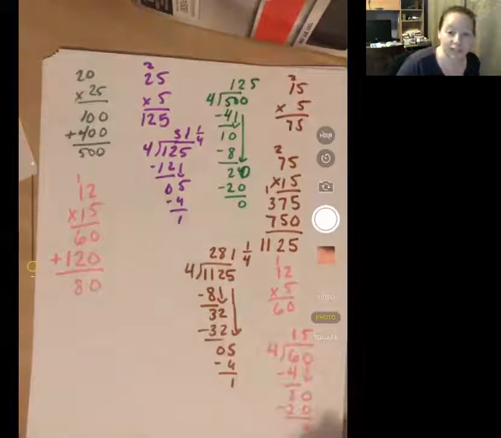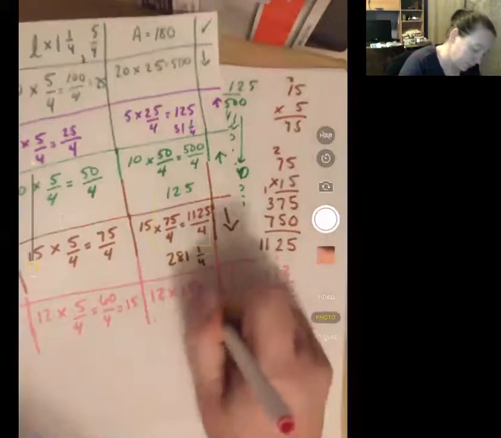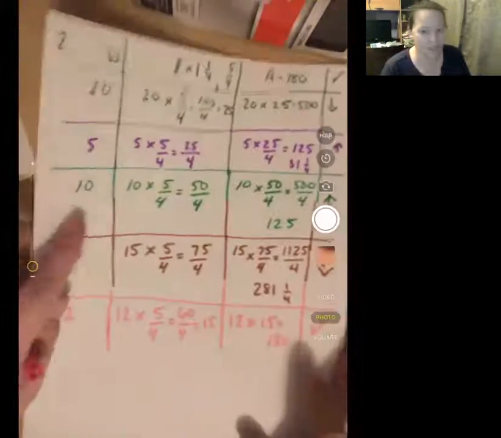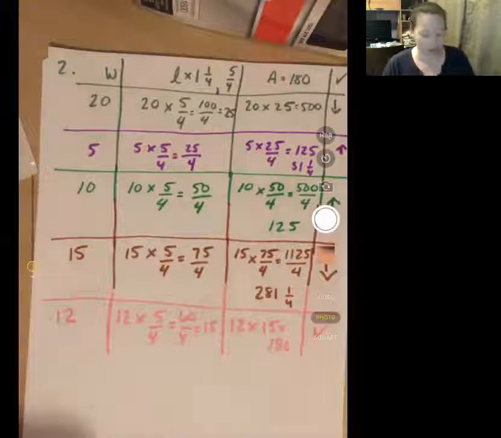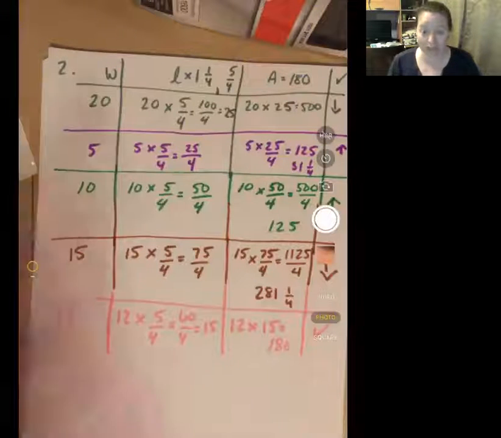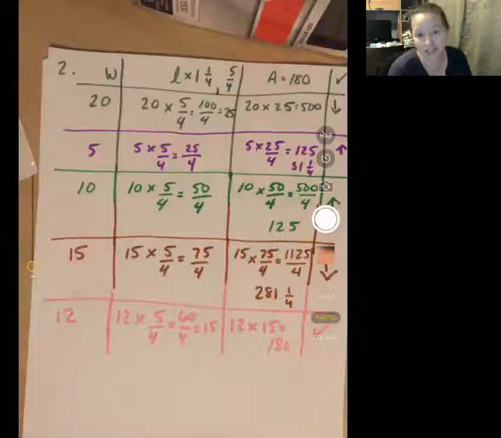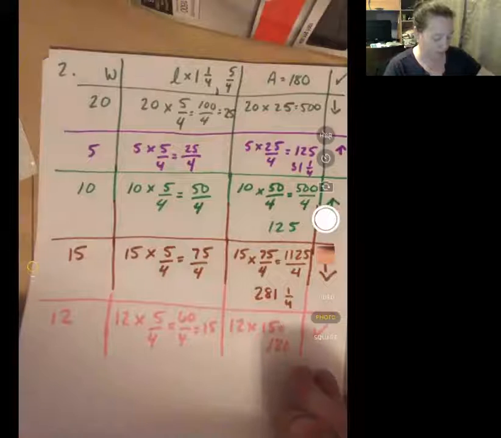And 1 plus nothing is 1. 180. So that is the one that we want. Our sides are 12 by 15. Okay, let's try number 3. You see how many times I had to check that to figure out where I was going and what I was doing.